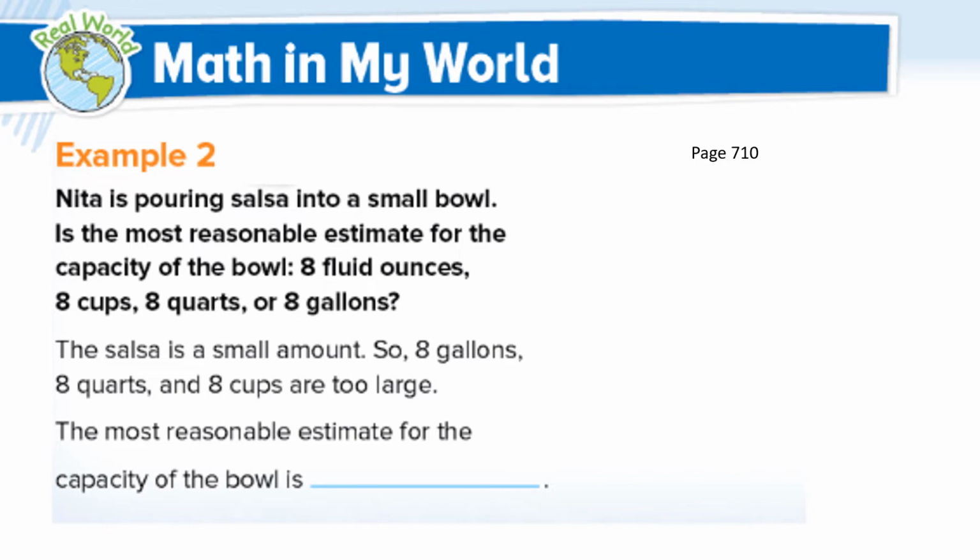Is the most reasonable estimate for the capacity of the bowl 8 fluid ounces, 8 cups, 8 quarts, or 8 gallons? Well, the salsa is a small amount, so 8 gallons, 8 quarts, and 8 cups are way too large. It would have to be 8 fluid ounces.